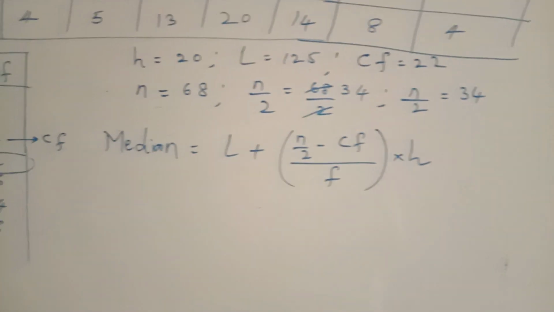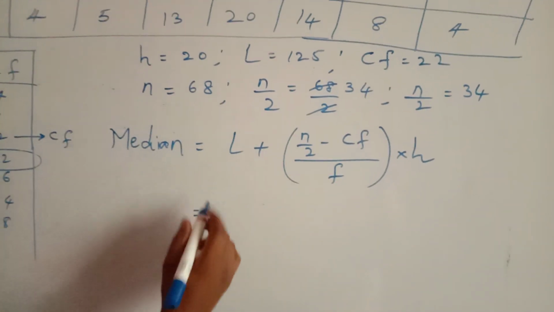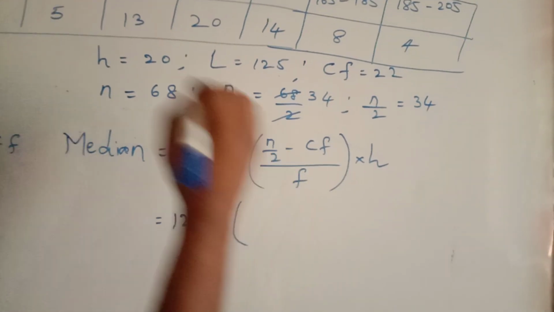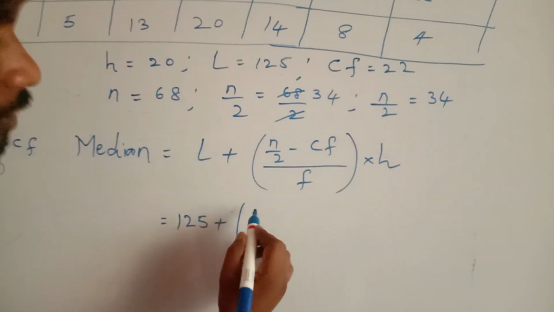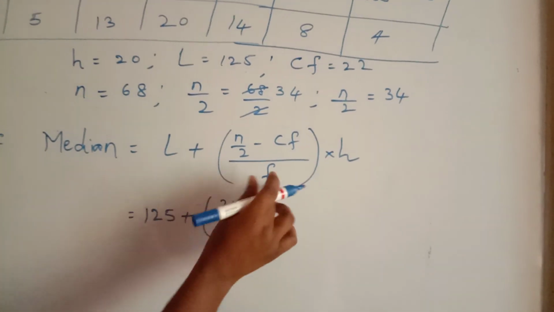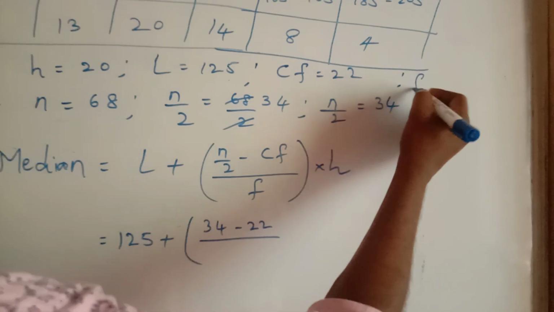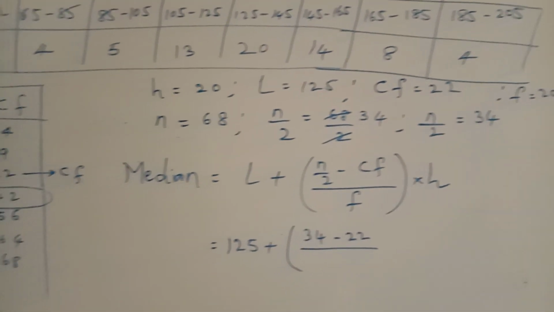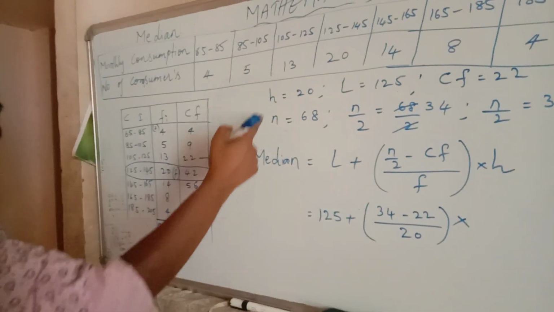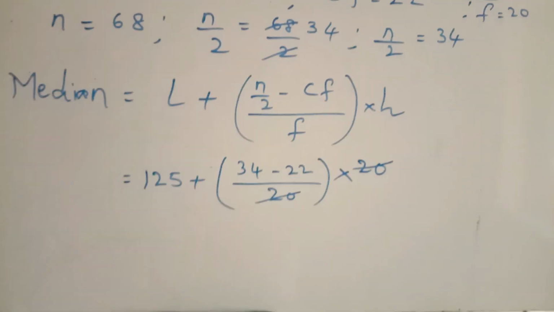L is 125, plus n by 2, which is 34, minus CF value 22, by small f, which is 20, into h, the size of the class interval, 20. Here we can cancel 20 and 20 directly.